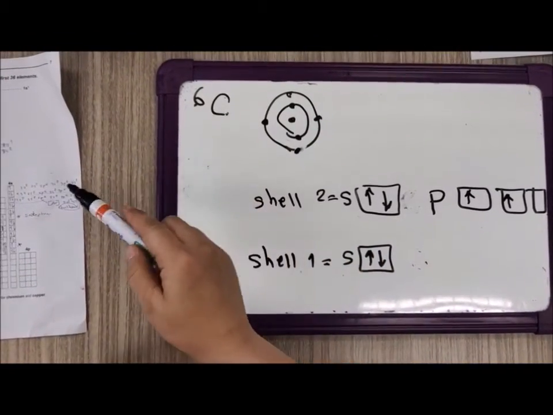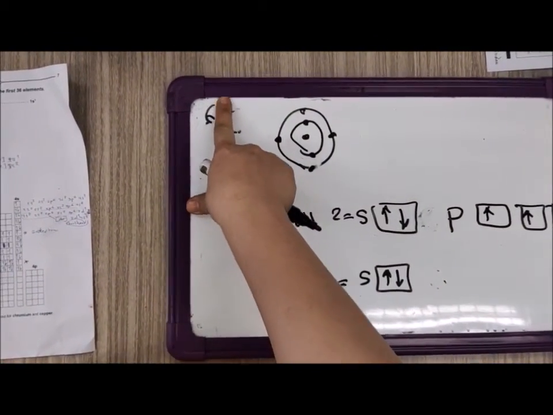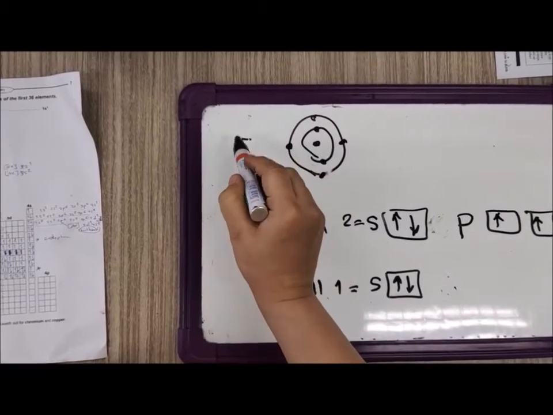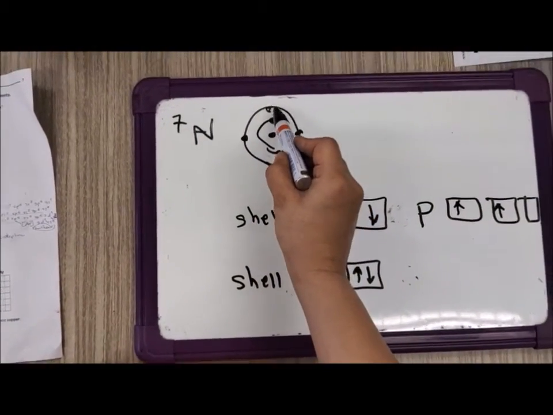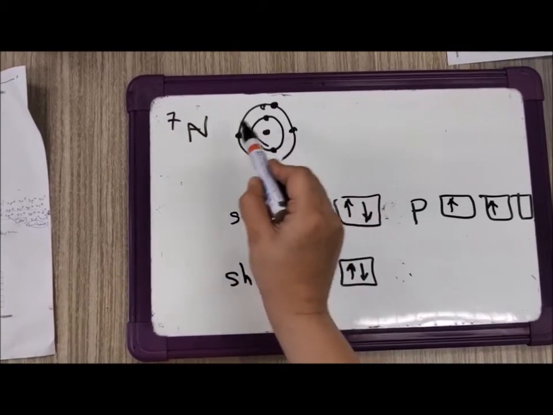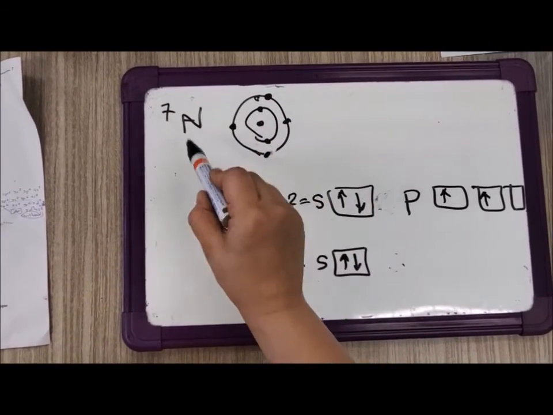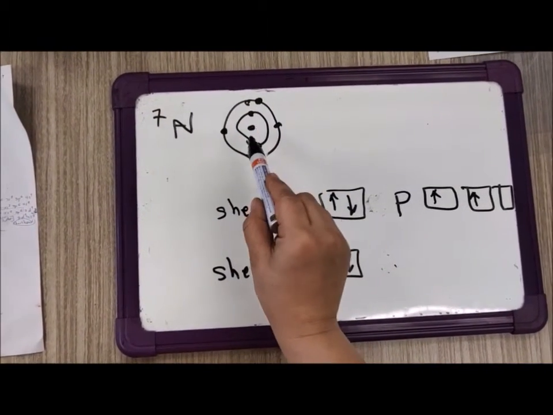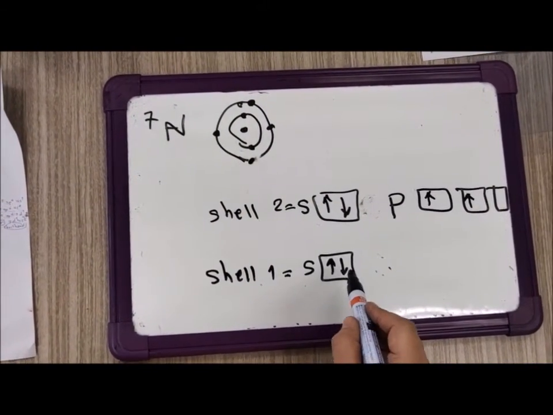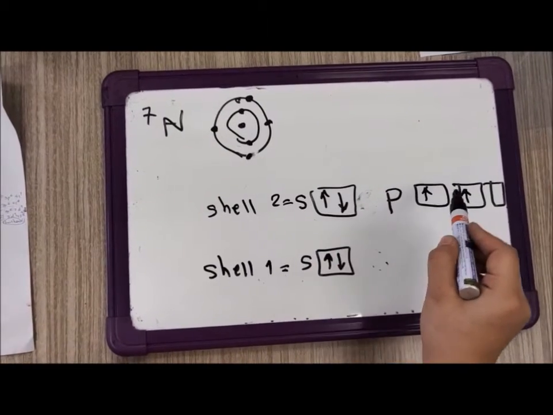So, what is the next element? Nitrogen, with 7 electrons. So I put another electron here. That atom still has 2 shells, but it has 7 electrons. So let's count. 1, 2, 3, 4, 5, 6.